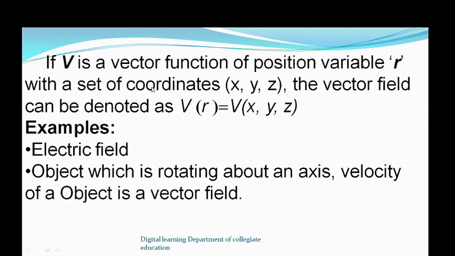If v is a vector function of position variable r with a set of coordinates x, y, z, then the vector field can be denoted as v of r equal to v of x, y, z. Example for vector field is electric field.